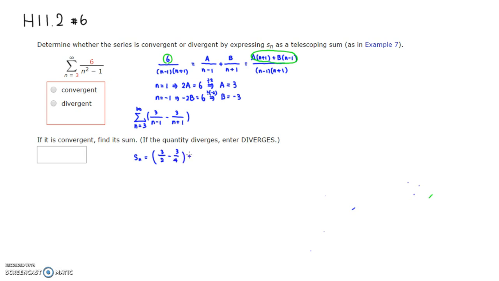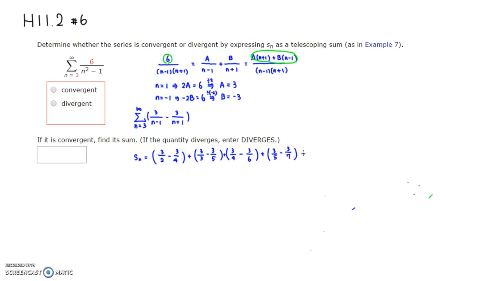Next one is n equals 4, so you're going to have 3 over 3 minus 3 over 5. Next one is 3 over 4 minus 3 over 6. And the next one is 3 over 5 minus 3 over 7.